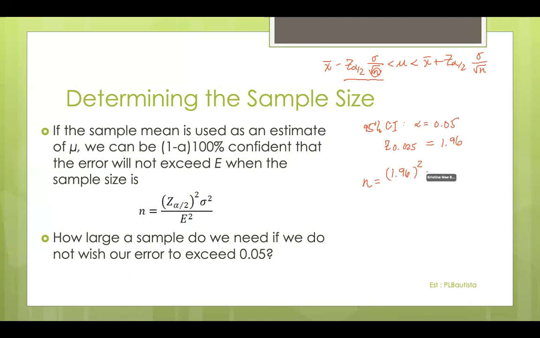times sigma squared. In the previous example, sigma is not known, but we used the sample standard deviation, which was 0.3. And we divide this by the required margin of error. The question says you do not wish the error to exceed 0.05, so you divide that by 0.05 squared. Okay.